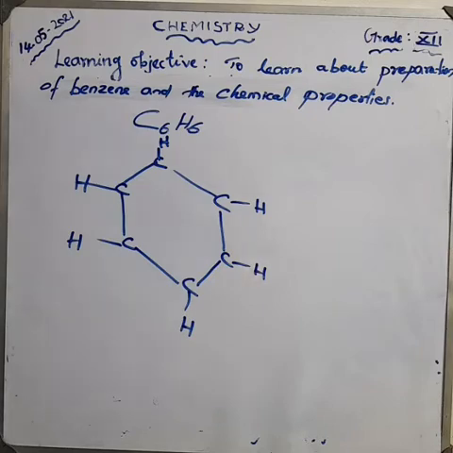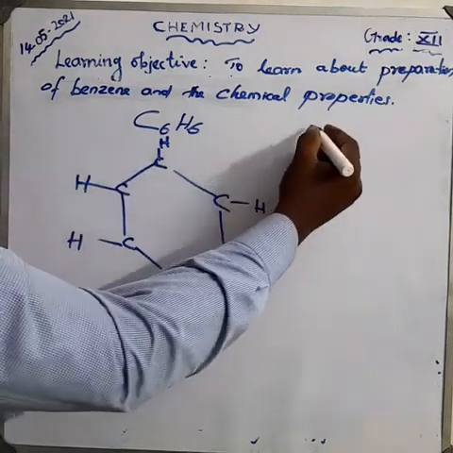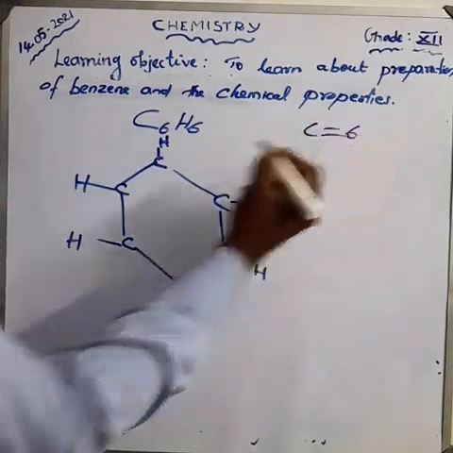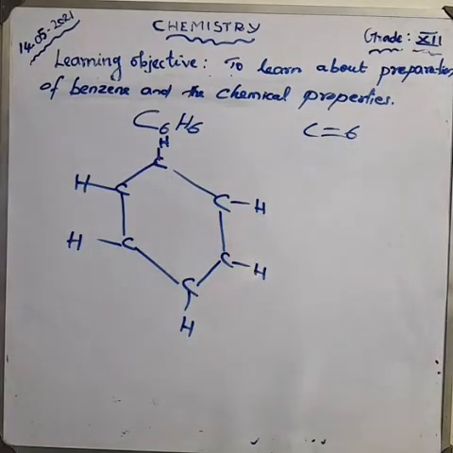Now let us try to understand the valency of carbon. What is the valency of carbon? The atomic number of carbon is 6.